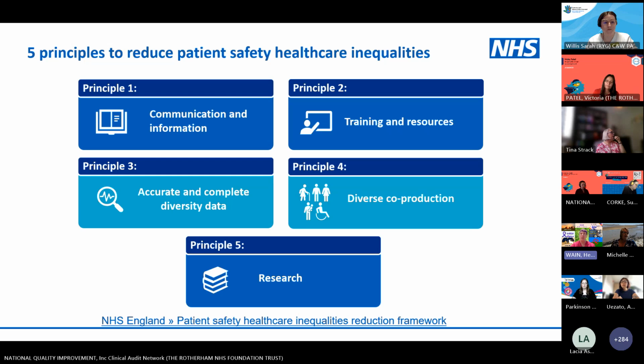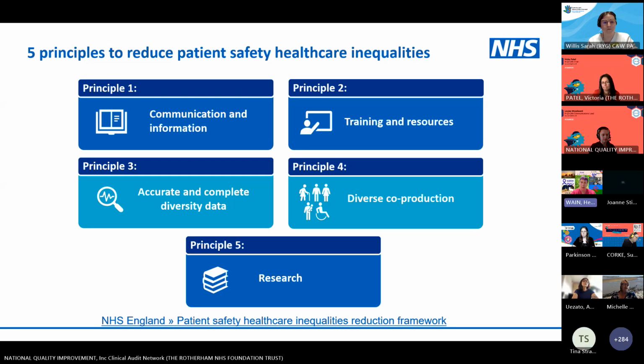Principle 4 is about co-design and working with communities, groups, people and patients in order to work out how things can work best in different spaces and using the knowledge and experience of patients, service users, carers, families, communities and staff. And then principle 5 there is all about research and how we can make sure that some of the research that's going on is actually also looking and ensuring that we understand where there may be inequalities within those spaces. Next slide, please.